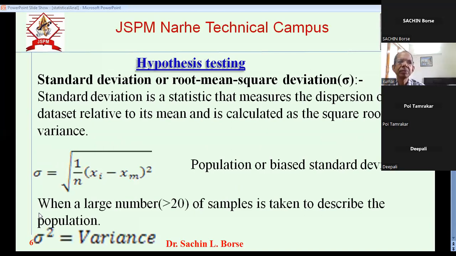Standard deviation is also called root mean square deviation. So what does root mean square mean? We go in reverse order. We have to take the square of Di. I have written the formula for Di here.